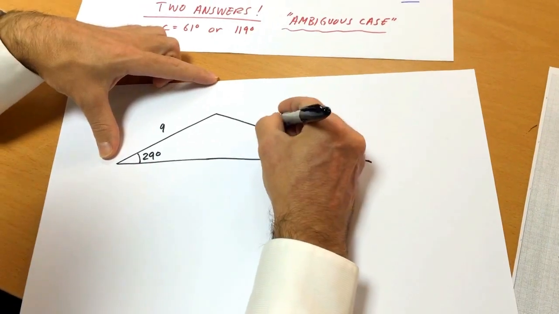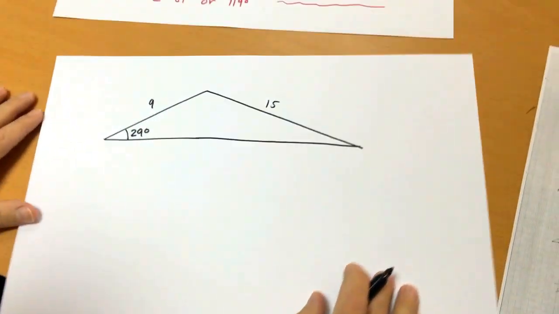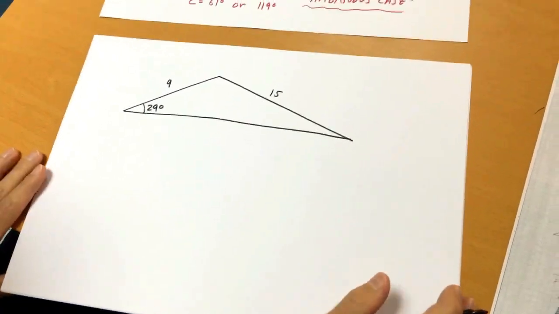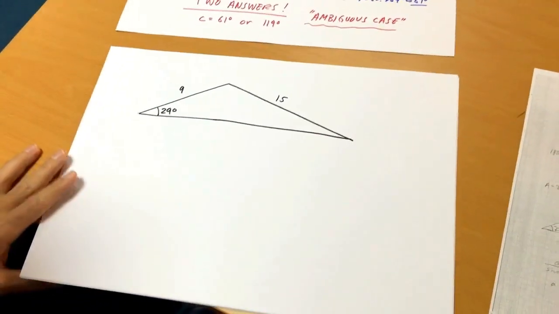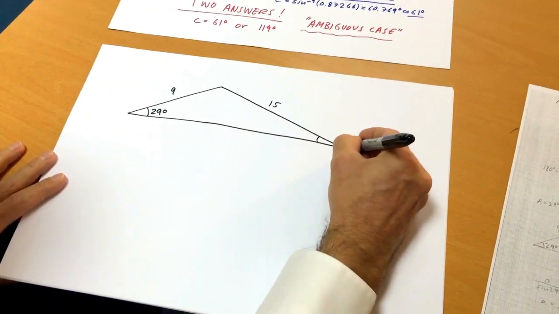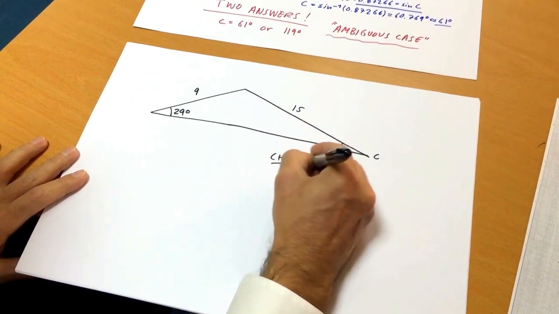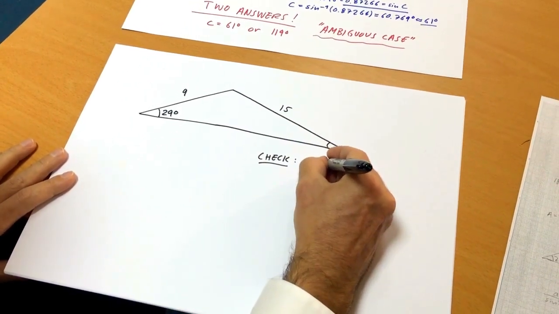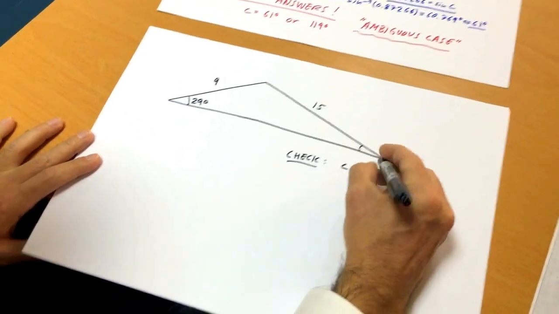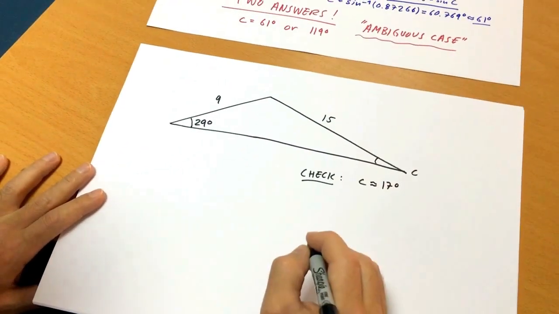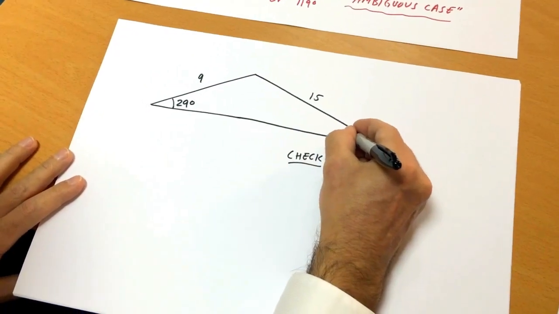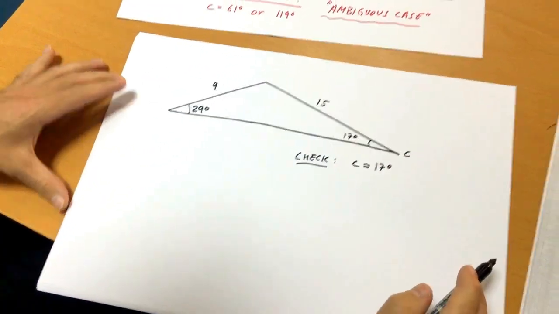I have something like this, 15. You can use the sine rule to calculate the size of this angle C. Please check carefully that you will get an angle C more or less equal to 17 degrees. I will not repeat it, it's exactly the same calculation as we just did before.